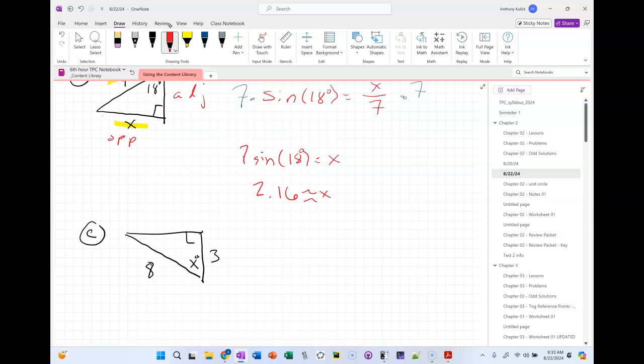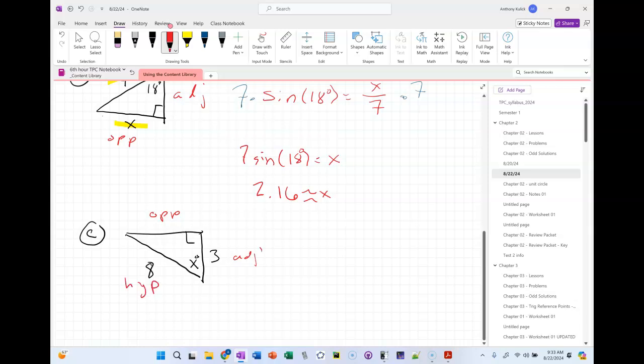Same setup as before. We're going to start by identifying which sides are opposite, adjacent, hypotenuse. Starting at the top. What's that top one? Very good. And then the 3 is? Great. And the 8 is?